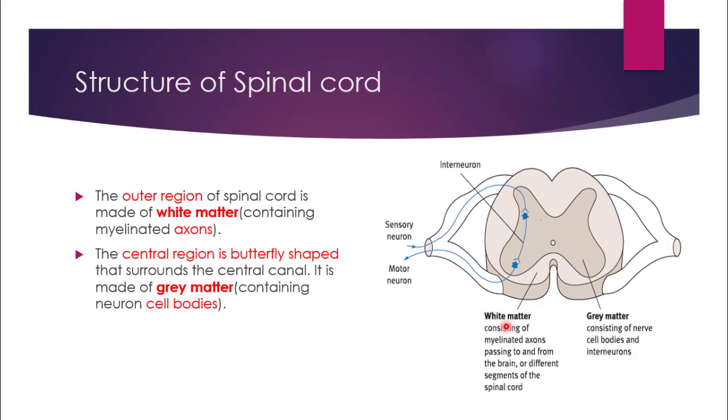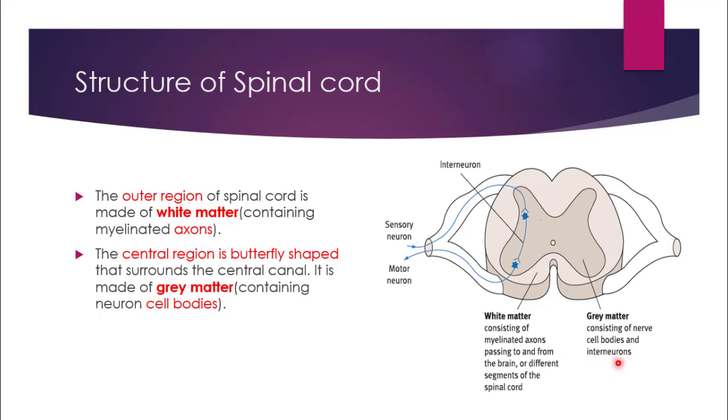Now what is the other one? The gray matter. You can see in this picture that the central region is a butterfly shaped structure. It apparently looks like a butterfly. So this central region is butterfly shaped and surrounds the central canal as well, this area. It is made of gray matter, which consists of nerve cell bodies and interneuron.